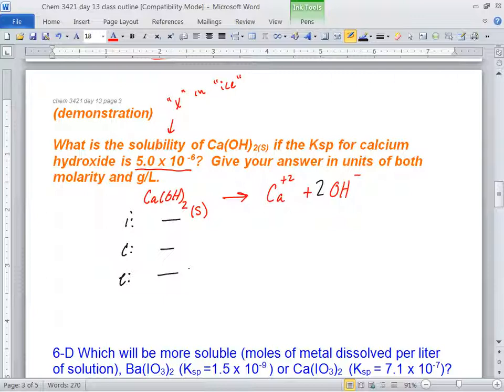Like it could say 0.1 molar hydroxide, or it could say 0.25 molar calcium, but it didn't. It's coming up in the homework. And when they do say something like that, you have to put it in the initial row.